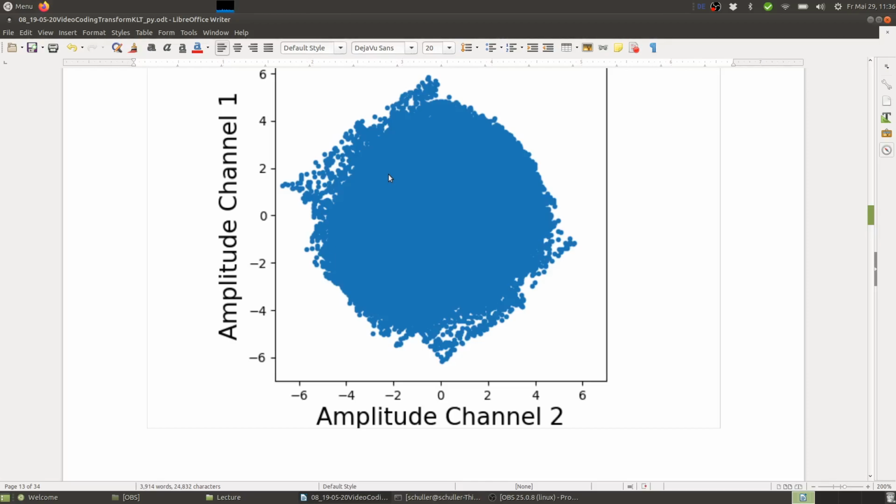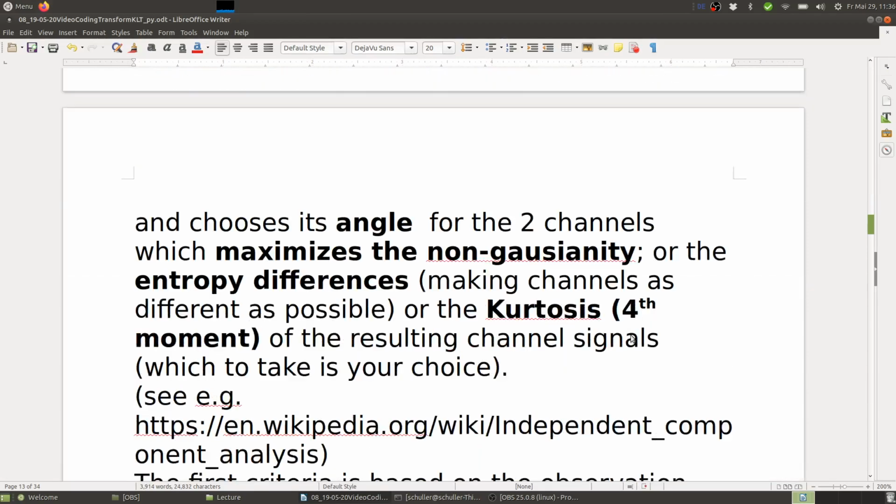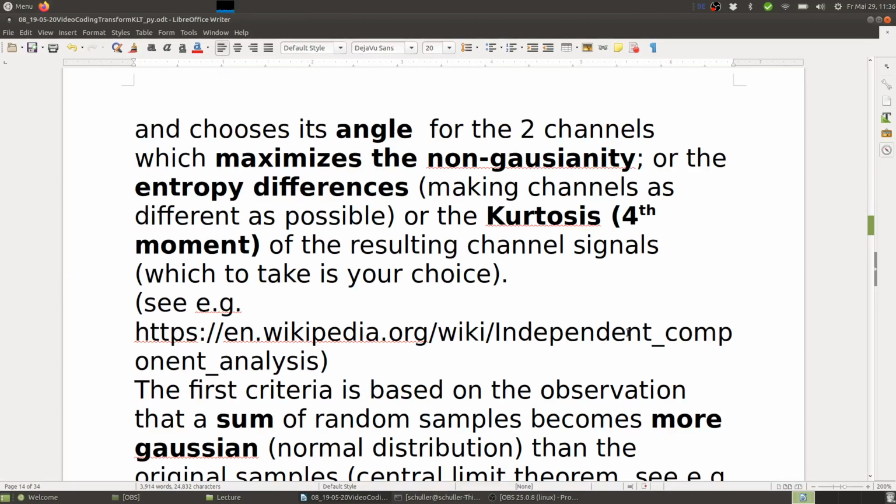Right? This is a picture which our eyes can see, but our algorithm just needs to have a function which computes numbers. And if we rotate this, then those two channels will get different mutual information. And if we align those structures with the two channels, we minimize the mutual information between the two channels. And minimizing mutual information can also be expressed by maximizing non-Gaussianity.